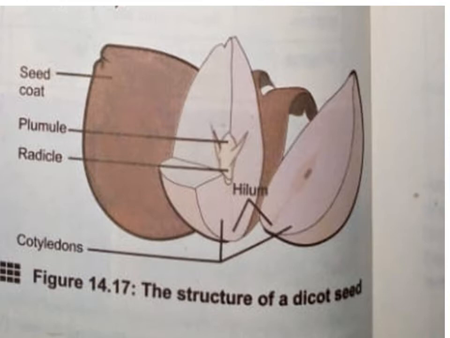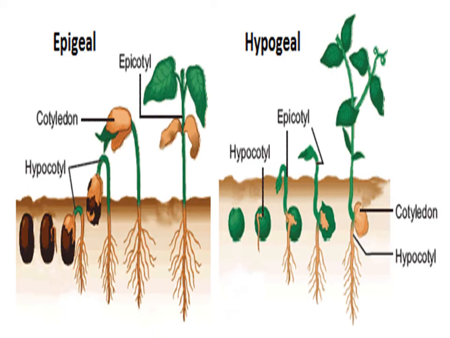The embryonic stem above the point of attachment of the cotyledon is called the epicotyl. The embryonic stem below the point of attachment is the hypocotyl. So here is a huge difference between epicotyl and hypocotyl.